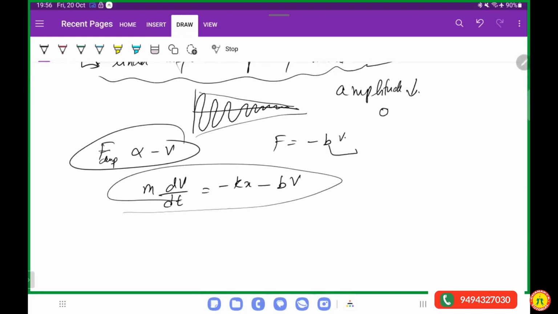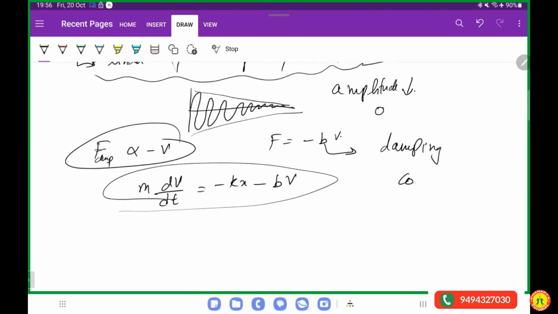So this b is the damping constant or coefficient.